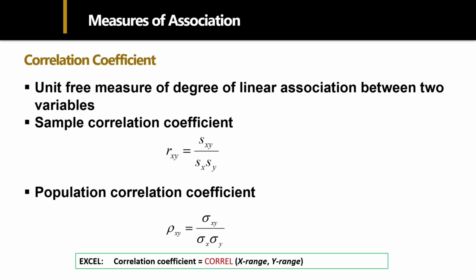That's the sample standard deviation for the sample, and the population standard deviation for the population. That will force this relationship between -1 and +1. Again, the Excel CORREL function can help with this in spreadsheet modeling.